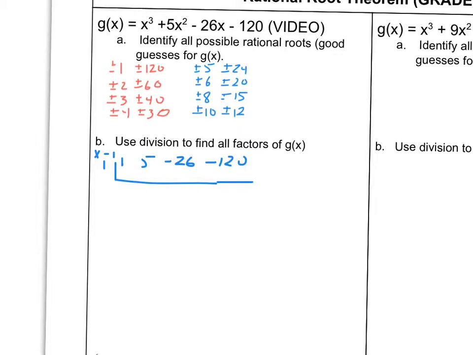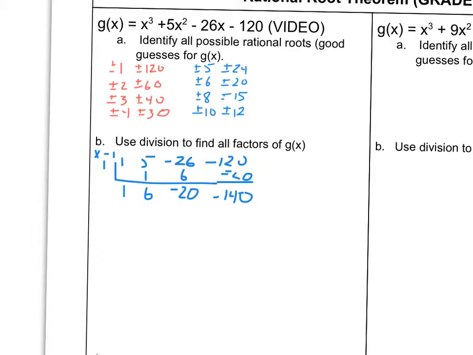All right, bring the 1 down, multiply, we get 1, add, we get 6, multiply, we get 6, that gives us negative 20, and negative 20 gives us negative 140. Not anywhere close. Okay, so 1 didn't work.